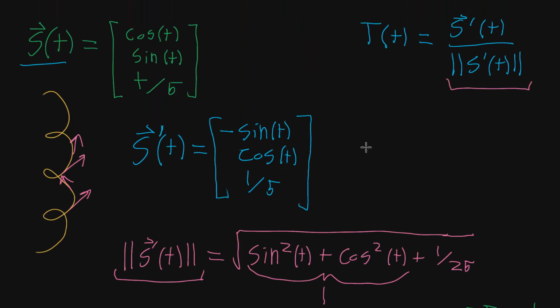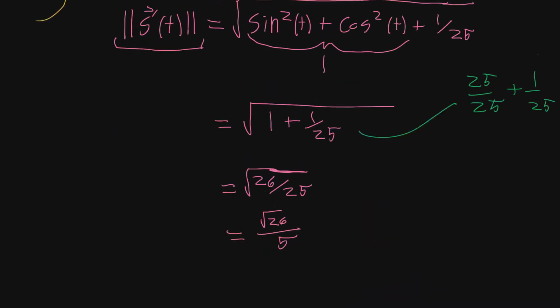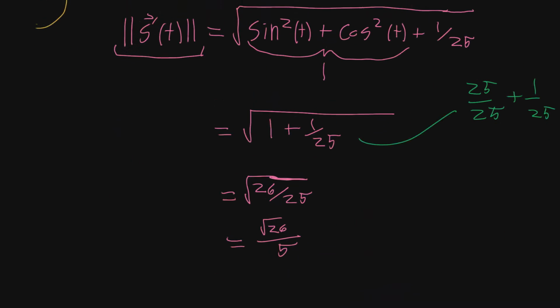Because as we go up and we start to think about what our unit tangent vector function for the helix should be, we're just going to take the derivative function and divide each term by that magnitude, right? So it's going to look almost identical. It's going to be negative sine of t, except now we're dividing by that magnitude. And that magnitude, of course, is root 26 over 5.